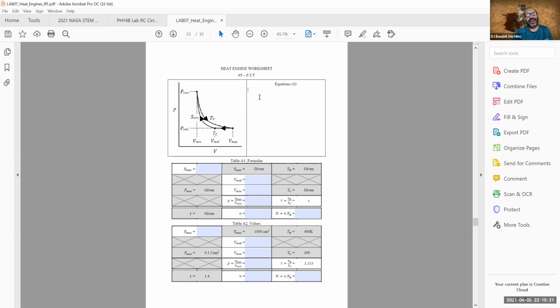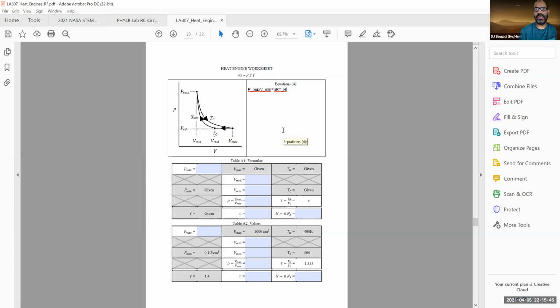So the relationships in here are, let's write it down. P_max times V_min is equal to nRT hot, for this point.